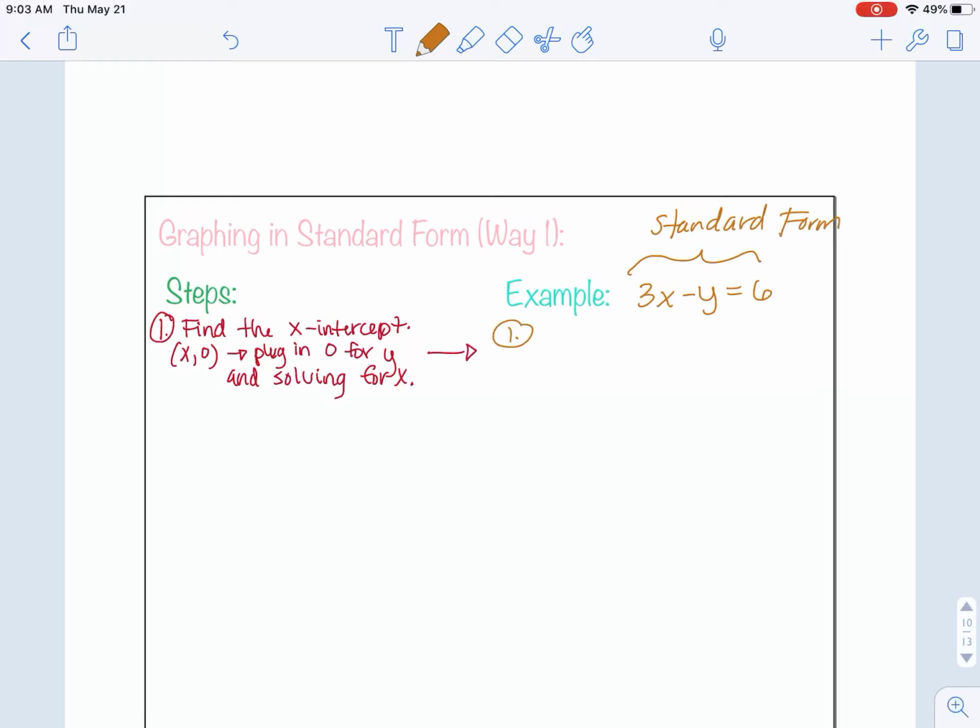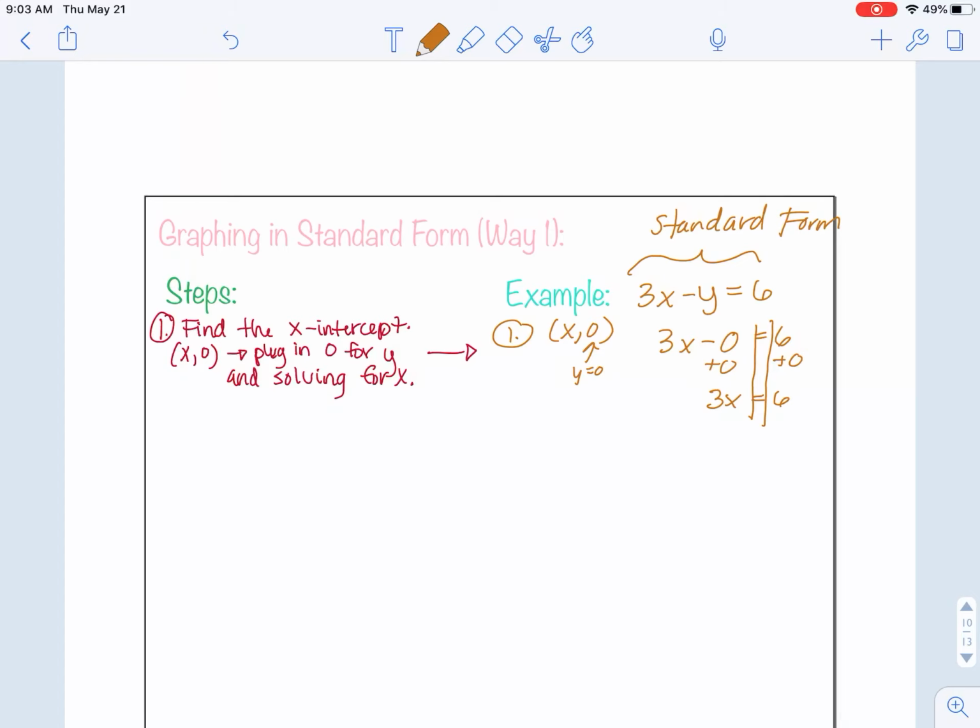What I'm going to do is use the point x, 0 because I know that y equals 0. So if I have 3x, instead of y, I'm going to plug in 0. Now I only have one variable left, so I can solve for x. I get 3x equaling 6.